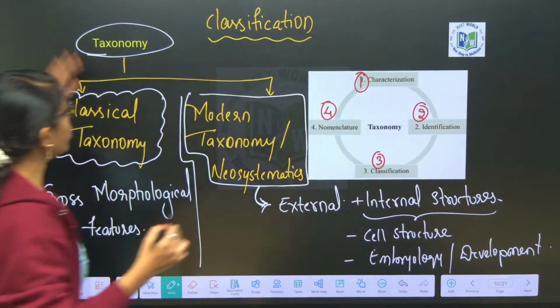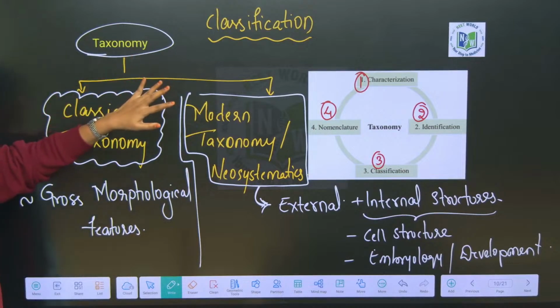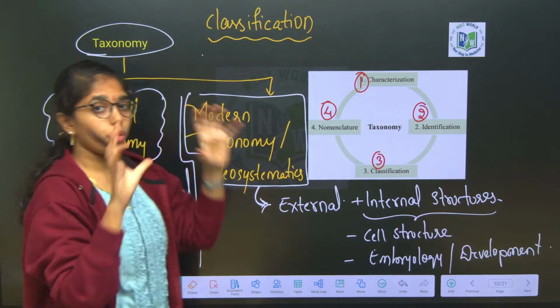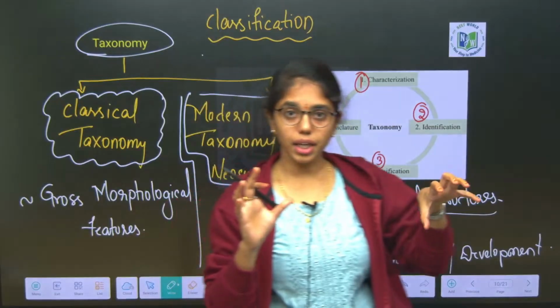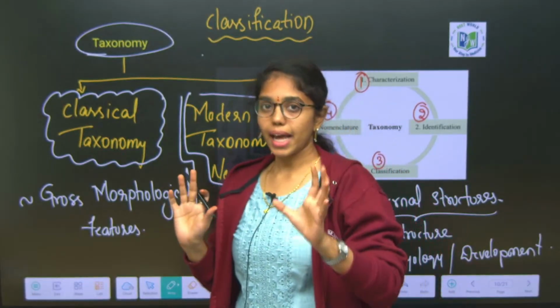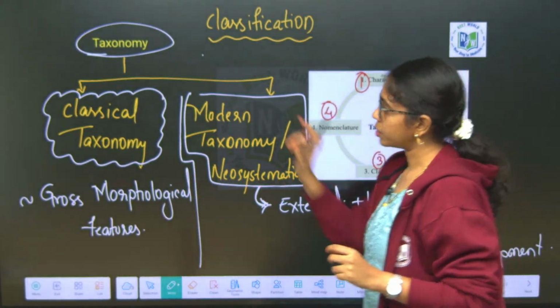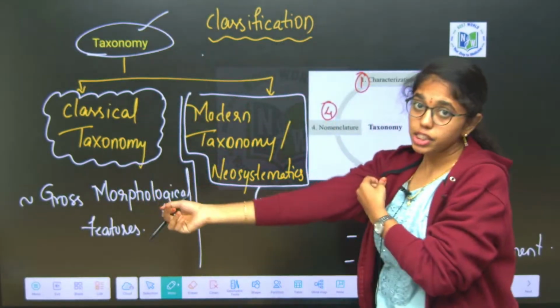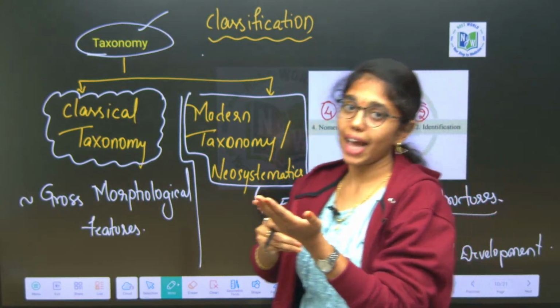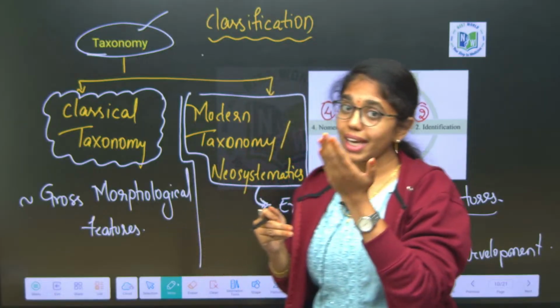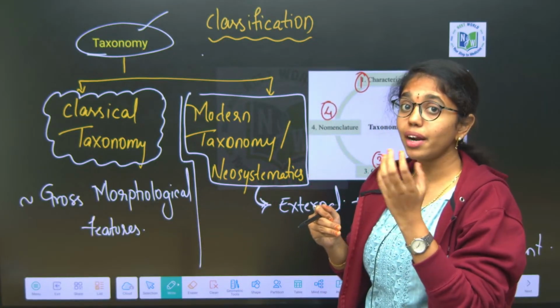So, how do you define taxonomy and classification? Classification is grouping the organisms into convenient categories based on observable morphological characters. Taxonomy is placing the organisms into different taxa, where we have 7 obligate taxa or ranks.